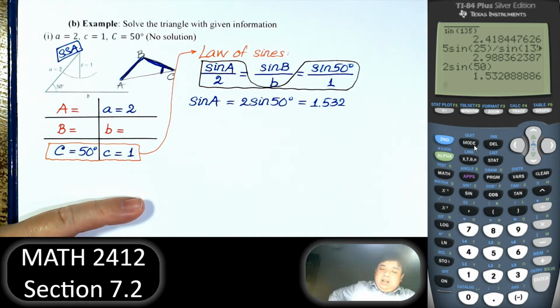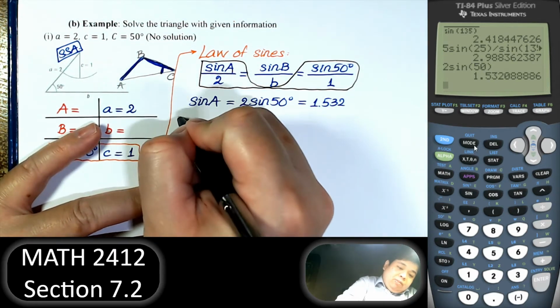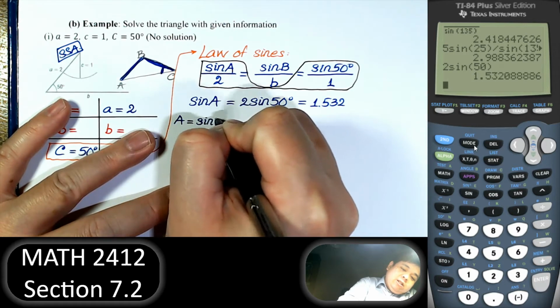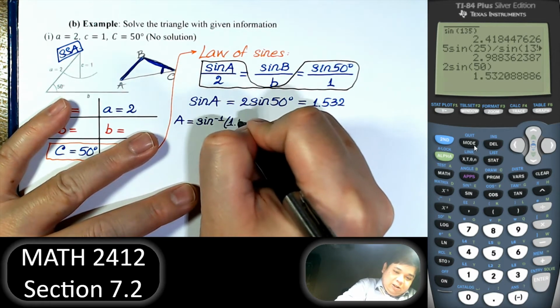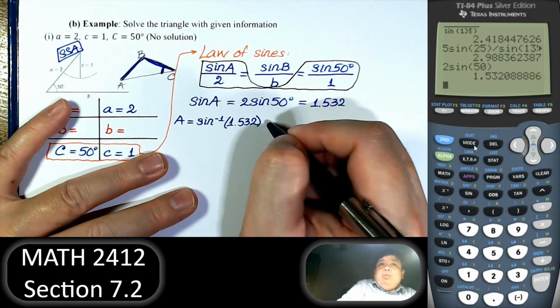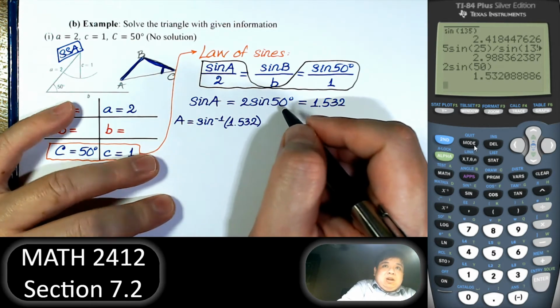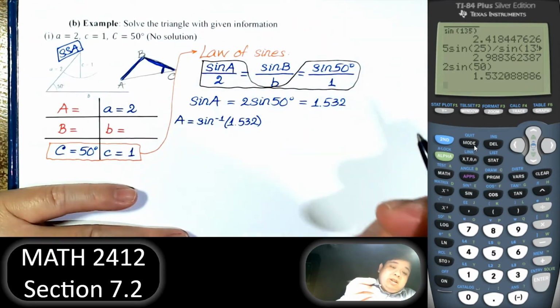But let's assume that we don't know that. When we do this, we'll have A equal to sine inverse of whatever that is. Typically that will be plus 2 pi n, but because this is in the triangle, we don't have to do that. Just whatever it is, we're just going to keep it.